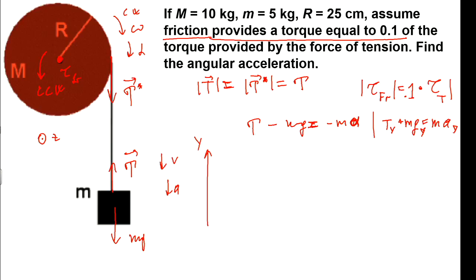And Ty is positive, Gy is negative, and Ay is negative. All right, now Z.